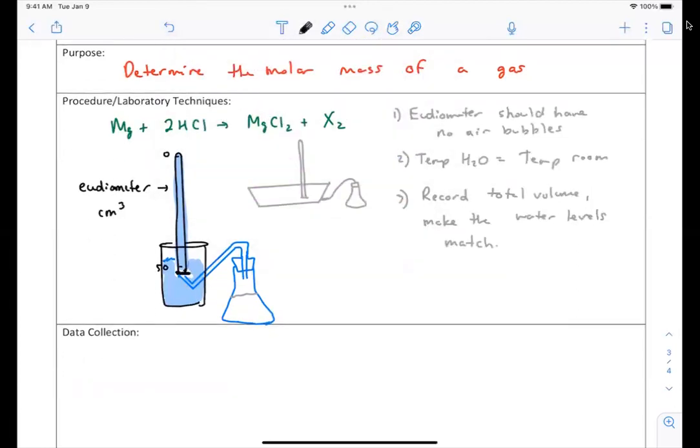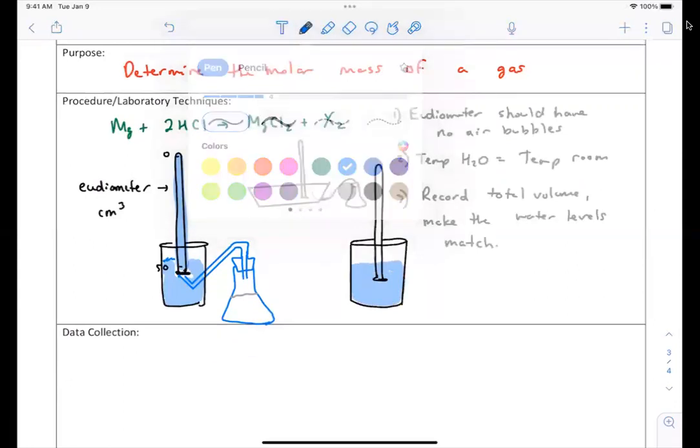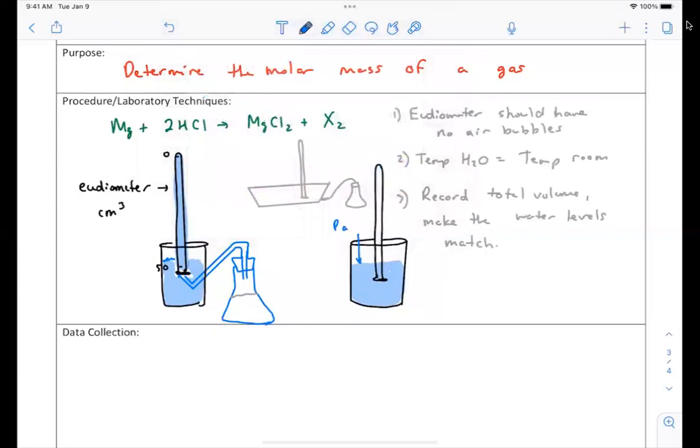The reason why you need to do that is you want the water levels to be the same inside and out. The reason is because you want the pressure of the atmosphere equal to the pressure of the gas plus the pressure of the water vapor in there.